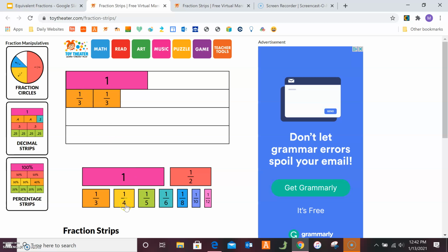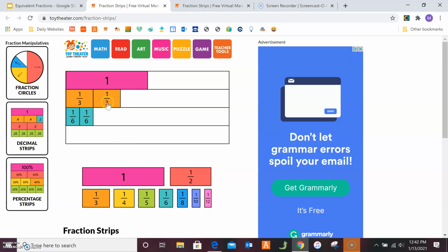Did fourths work? Did fifths work? Did sixths work? Which one of these fractions worked when we were dealing with just 1/3? That's right, our sixth works. So let's start there. We know that for 1/3, I need 2/6.